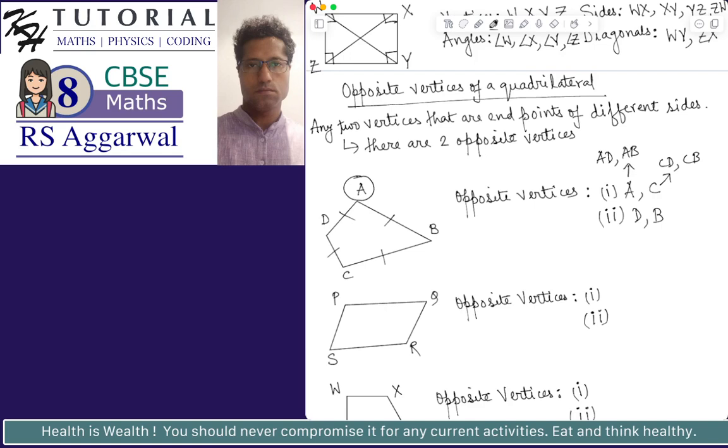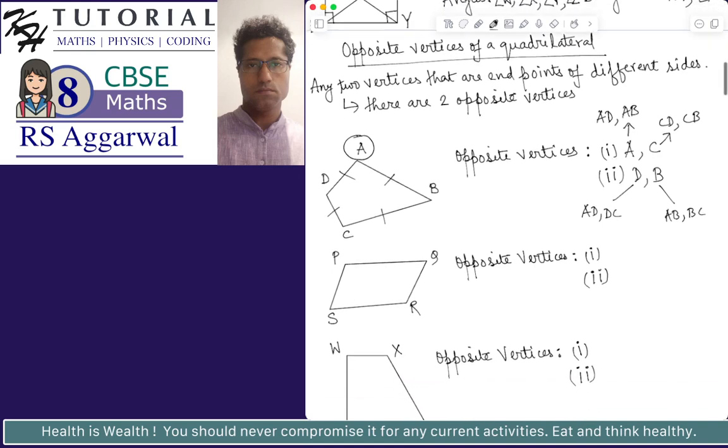Similarly, the vertex D is endpoint of side AD and DC, and the vertex B is endpoint of AB and BC. So they are endpoint of different sides. So AC, A and C are opposite vertices, and also D and B are opposite vertices.